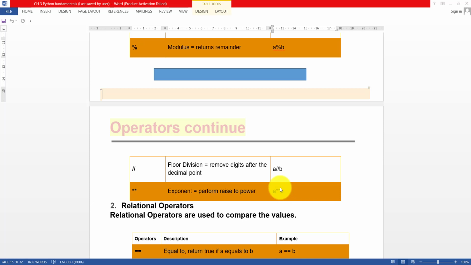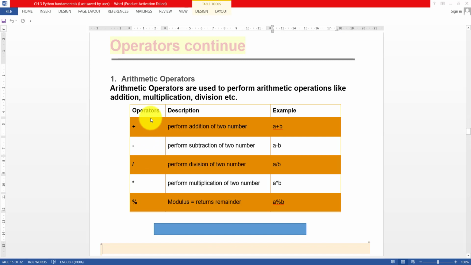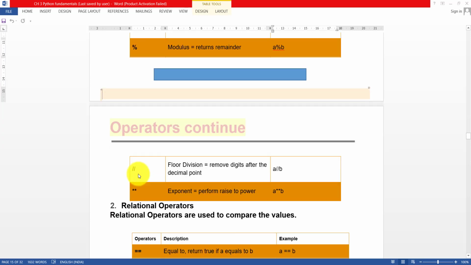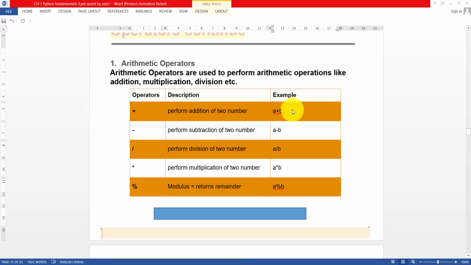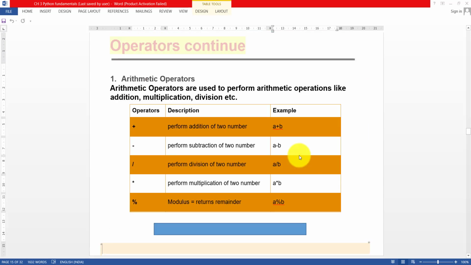Clear about it? So we have these operators: plus, minus, slash, asterisk, modulus, floor division, exponent. All are examples of arithmetic operators. So note down the definition of arithmetic operators and that table.